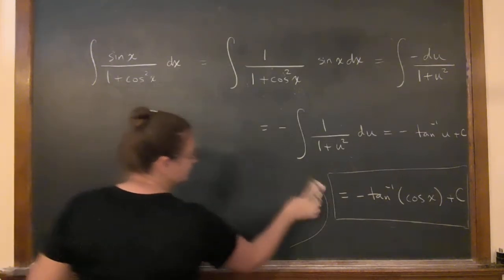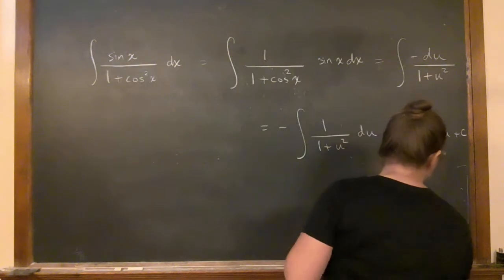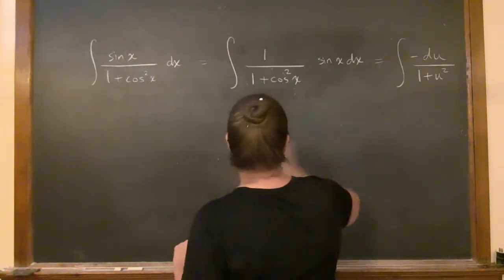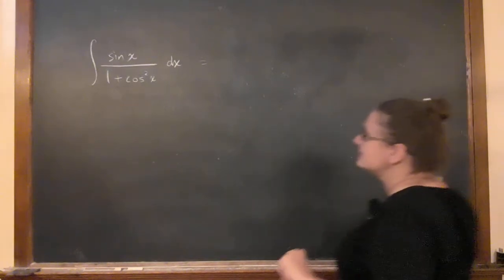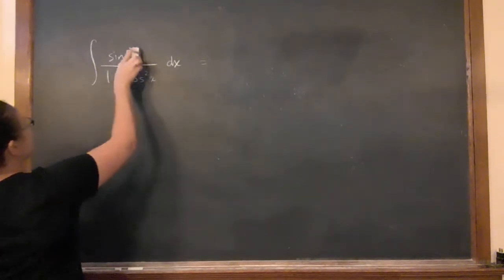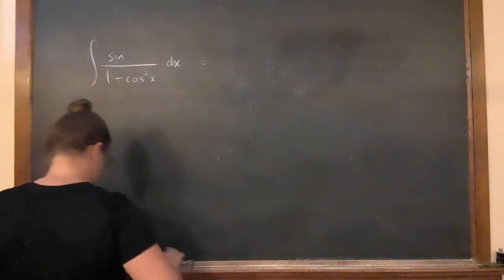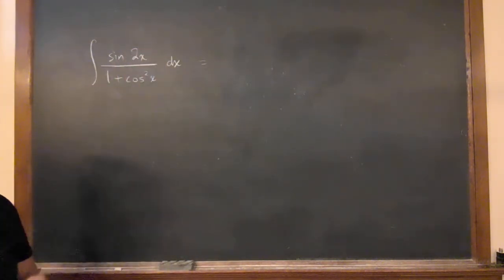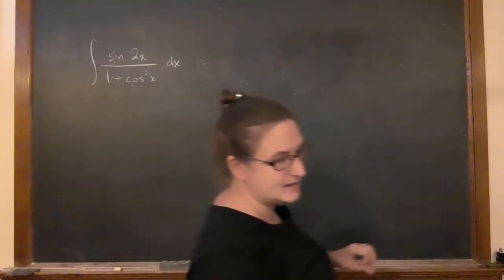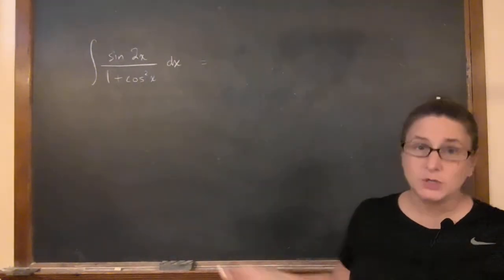So what I'm going to do, just to show you something, is look at a very similar problem, but I'm going to change it slightly. Okay. Now instead of being sine of x, the top is sine of 2x.